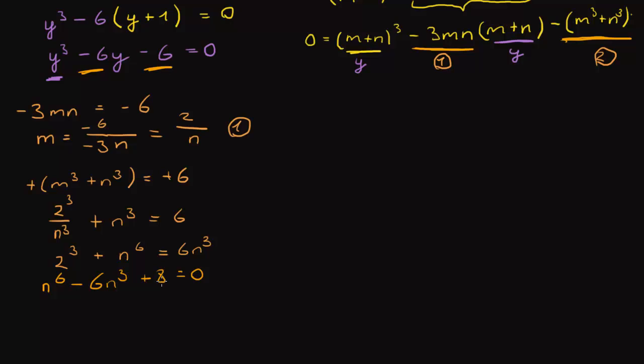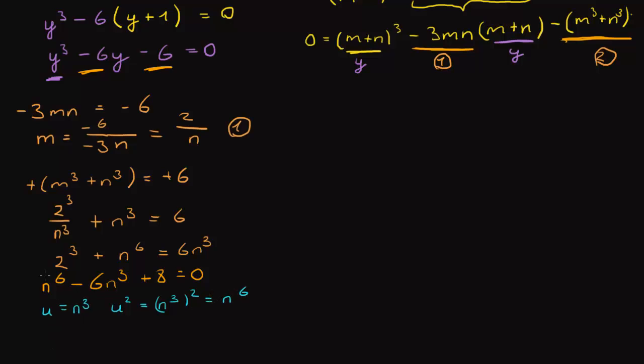Now this doesn't look like it, but it's a standard quadratic equation, and we can solve that by substituting our n's, because we can say u is equal to n to the third, and so u squared is equal to n to the third squared, which is equal to n to the sixth.